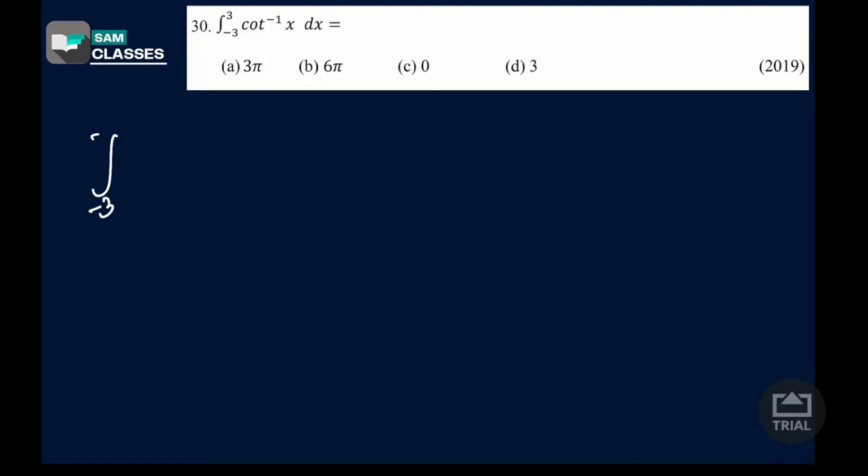If I'm doing UV, let's see. So integral from minus 3 to 3, 1 into cot inverse x dx, okay? Now I know by ILATE, inverse always comes first.